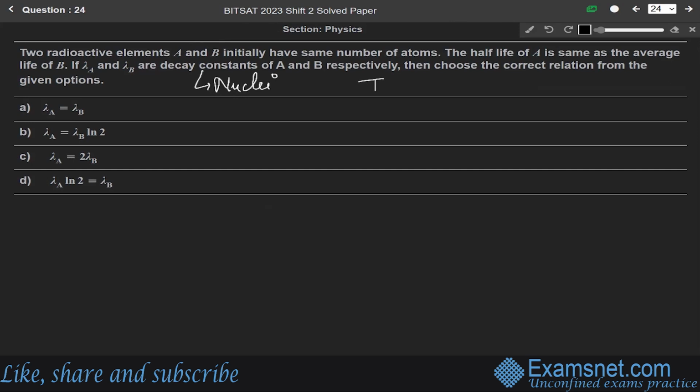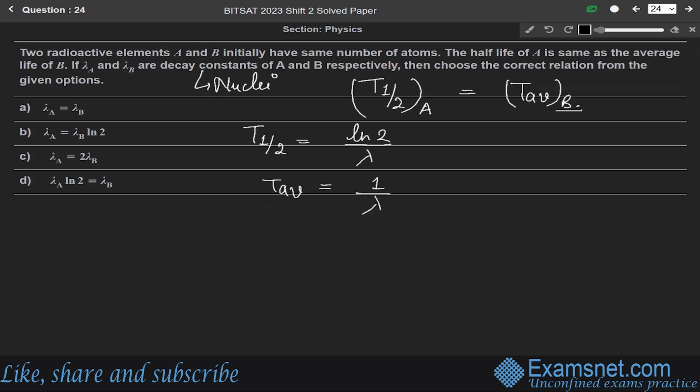So we know that T half of A, as given in the question, is equal to T average of B. And we know the formula for the half-life of any radioactive substance, that is T half is equal to ln2 by lambda. And T average is 1 over lambda. Let us say this is equation 1 and this is equation 2.